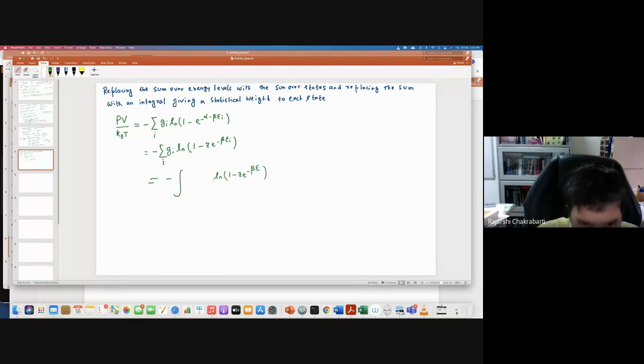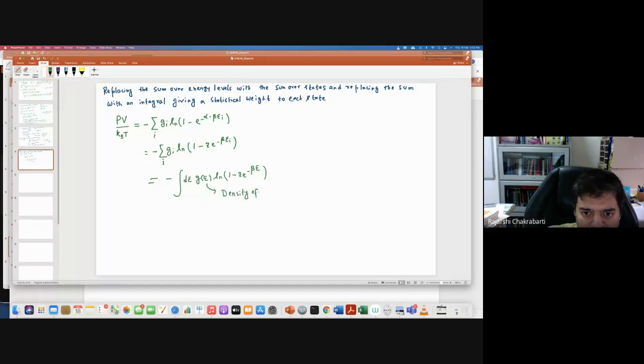But before I do that, I should actually multiply this with something known as the density of states. This is very important. So basically, what is the density of states?